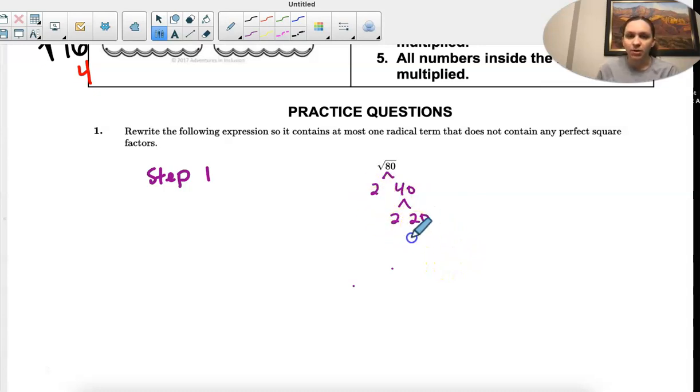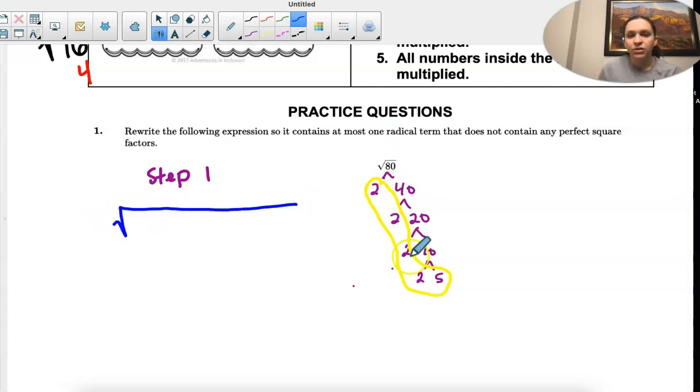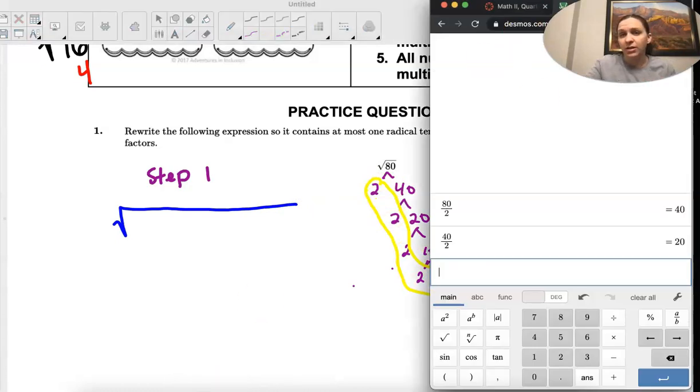And we're just going to keep going. 20 is 2 times 10. 10 is 2 times 5. So what I have here are a bunch of prime numbers. So really, the square root of 80 is really these numbers multiplied. And you can check.